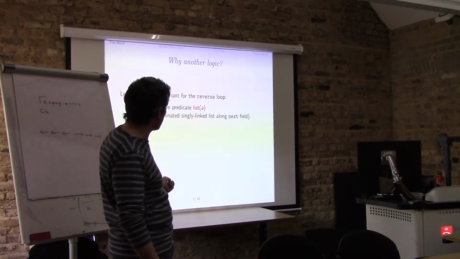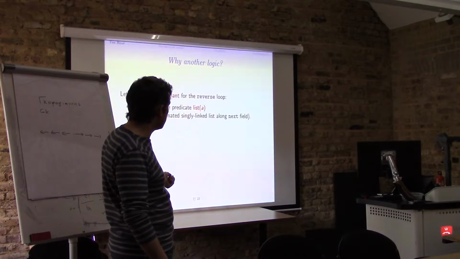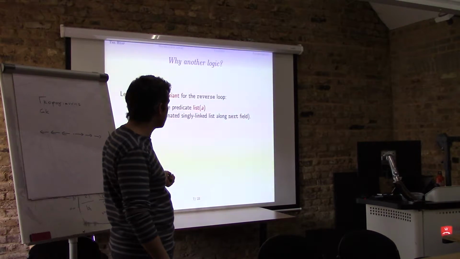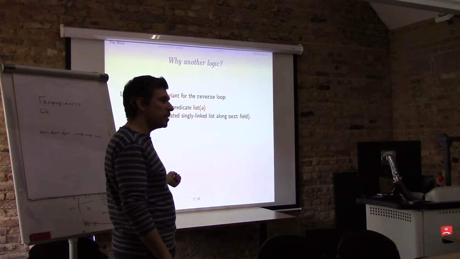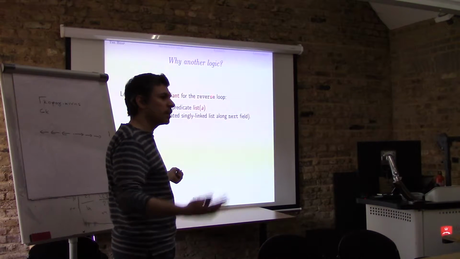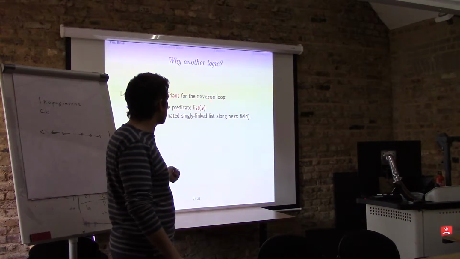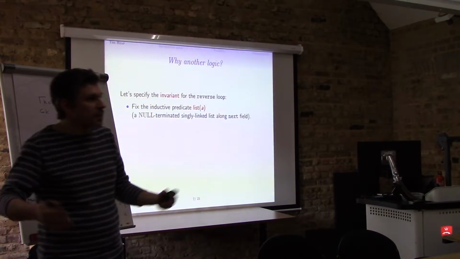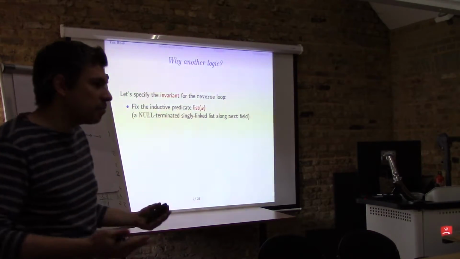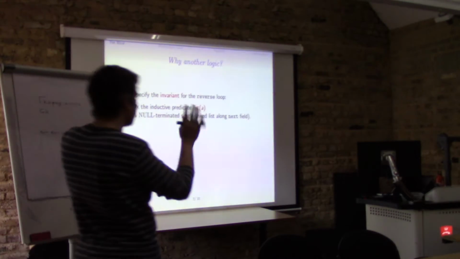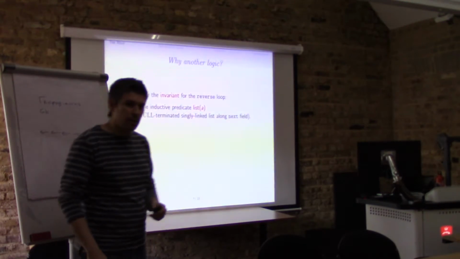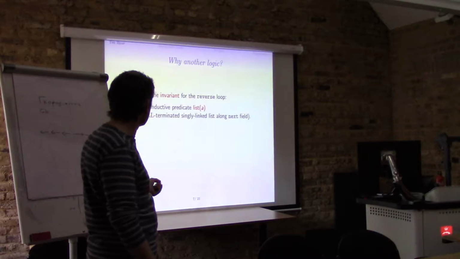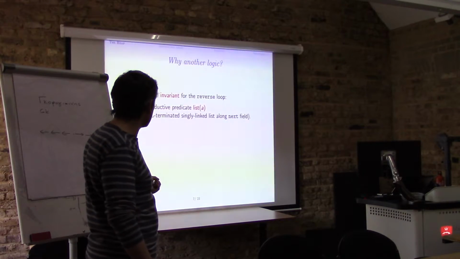And let's suppose we also have a magical predicate that says that if A is the address starting a linked list, then list of A will be true if indeed there is a linked list starting at A. Let's take that as a given so that we don't have to sit down and see how you can formalize that, let alone that you get outside of first order.